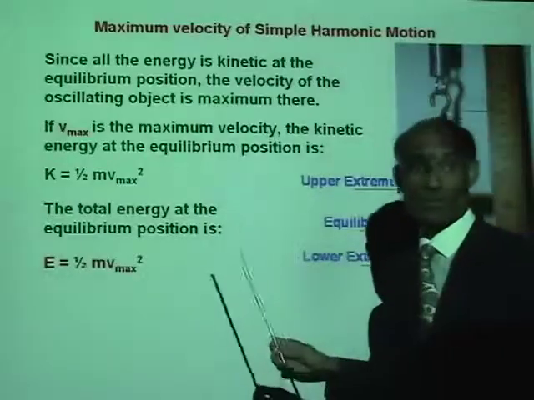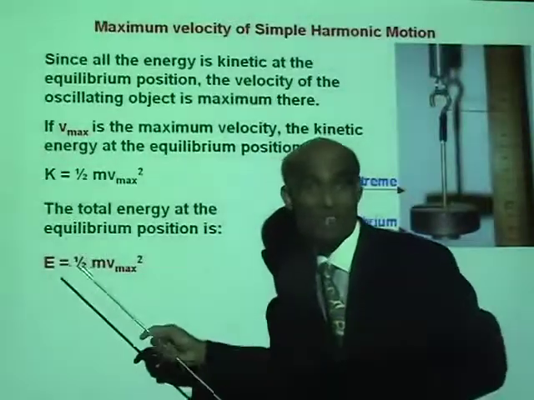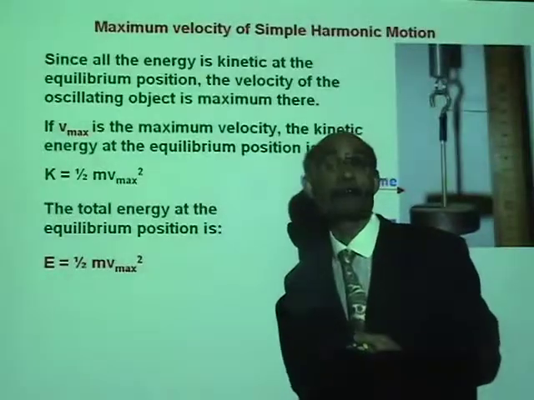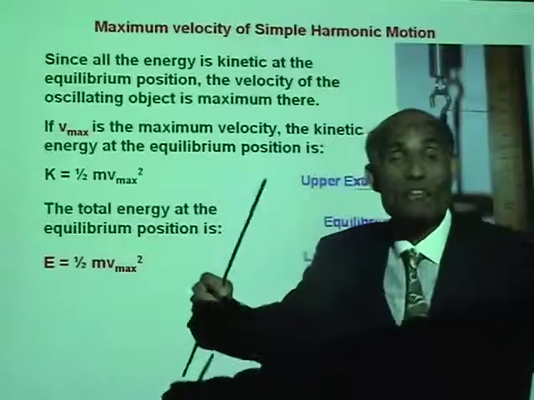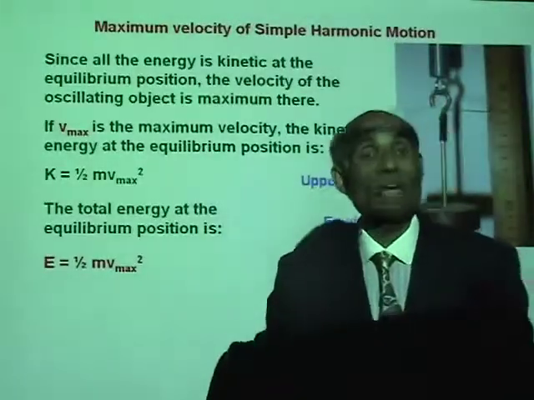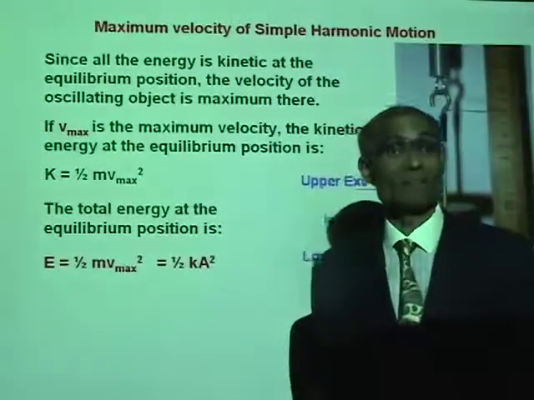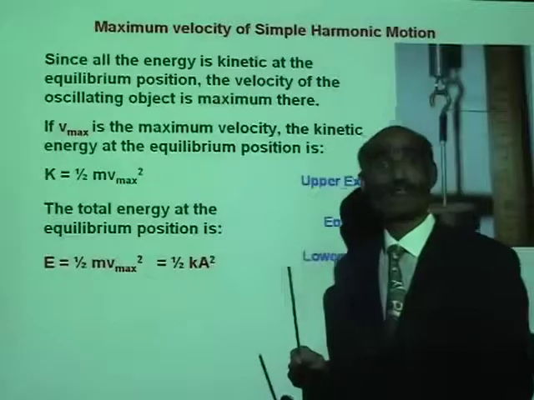It is 0. So the total energy is just the kinetic energy, 1/2 m v max squared. And you know that the total energy of a simple harmonic motion is 1/2 k A squared. That's equal to 1/2 k A squared.